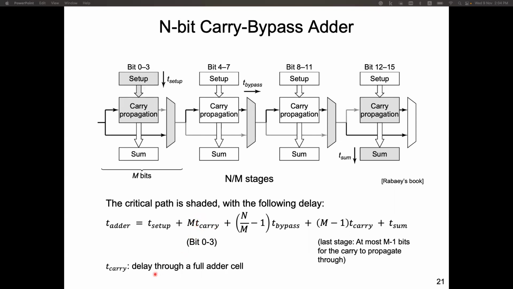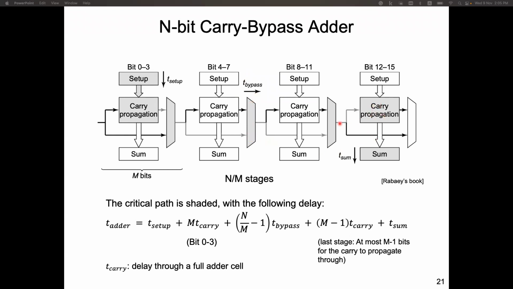T carrier is the delay through a full adder cell, the carrier delay. And then it passes through 1, 2, 3 multiplexers. Here we have 4 stages, N of m is 4. So 4 minus 1, we have 3 multiplexers or bypasses. So T bypass is the multiplexer's delay.